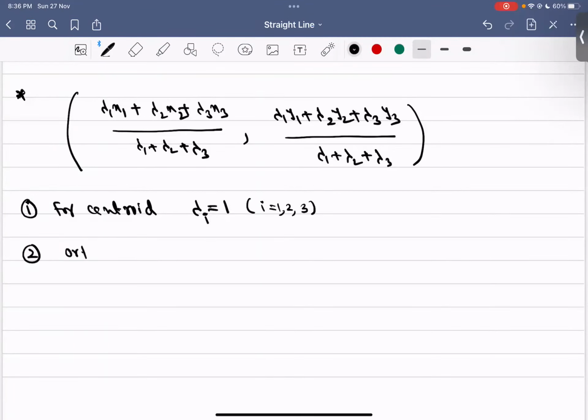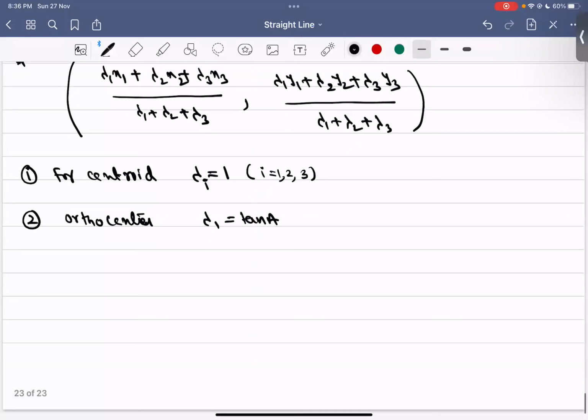Second one, for the orthocenter, you memorize like this: lambda 1 is equal to tan A. Just the first one you memorize. Lambda 1 is equal to tan A means lambda 2 is tan B, lambda 3 is tan C, because in a triangle ABC. The third one is the circumcenter. For the circumcenter, lambda 1 is equal to what?